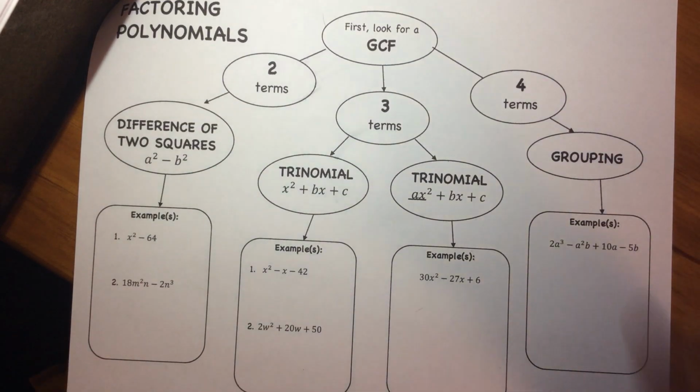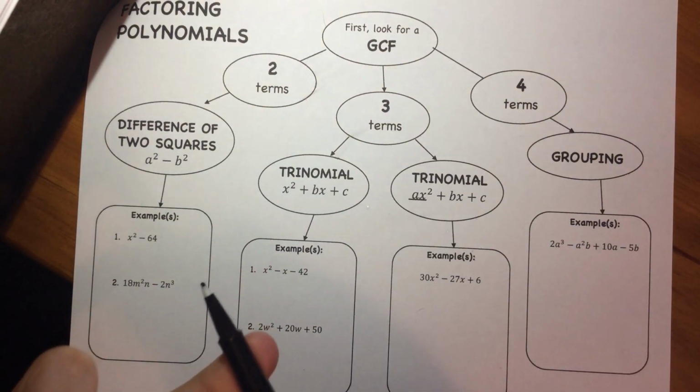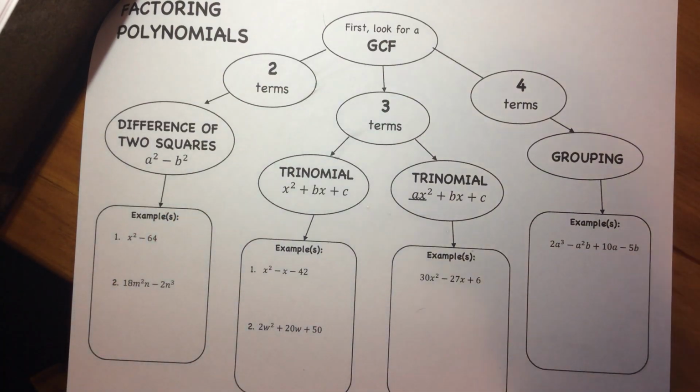In Algebra 2, you're going to learn about the polynomials that you can't factor, what you do and how you solve for them. We dive in a little more later in Algebra 1, but for now, you just need to be able to identify whether or not you can factor it, and then break it down from there.